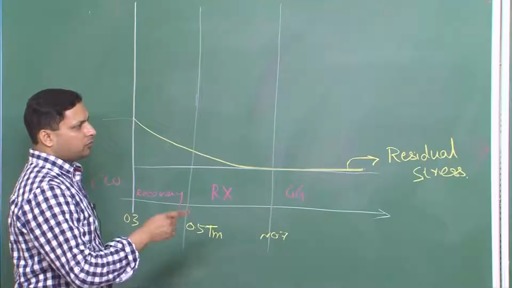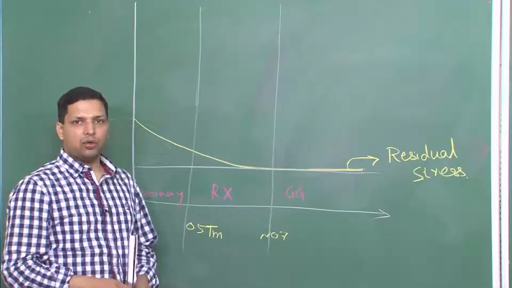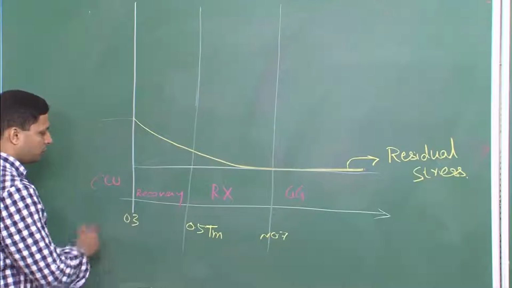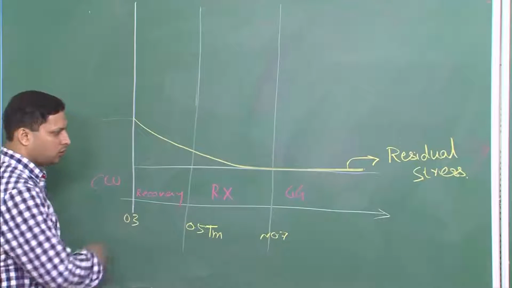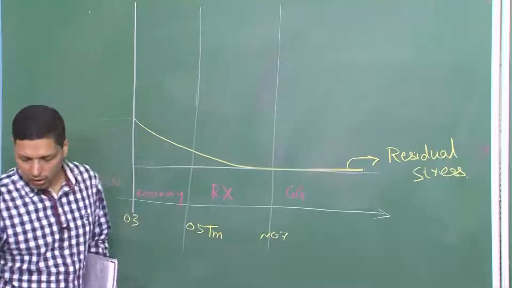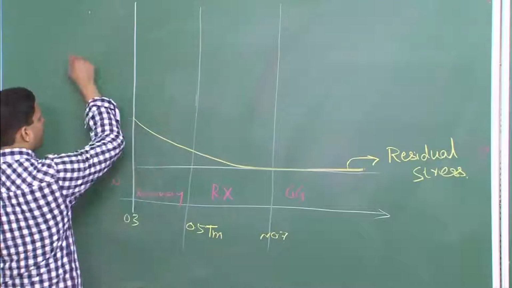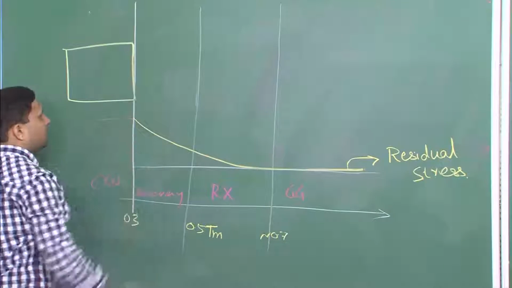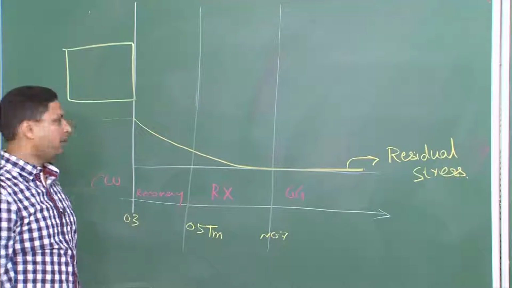Now, it is time to take a look at how the microstructure changes when we go from this temperature to the higher temperature. So, let me now draw a rough sketch of what is happening at the microstructure level.